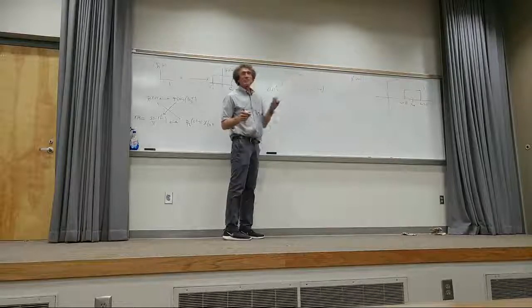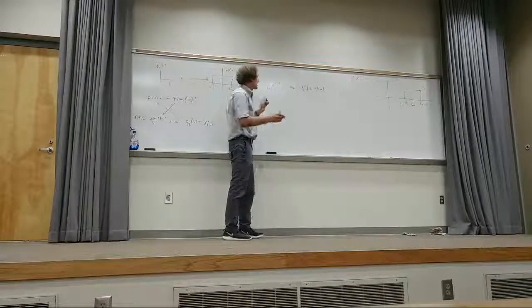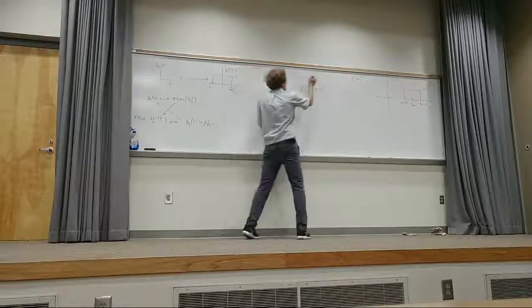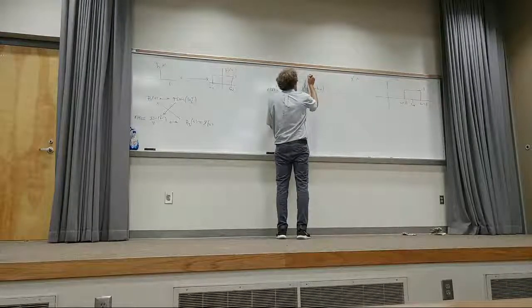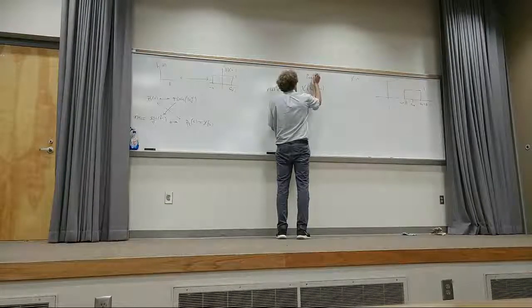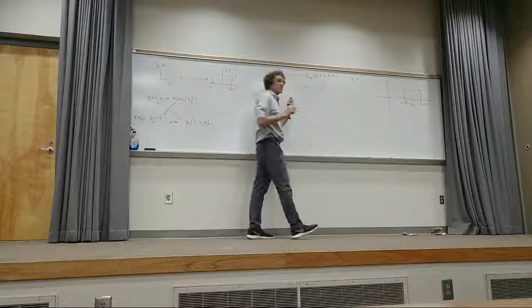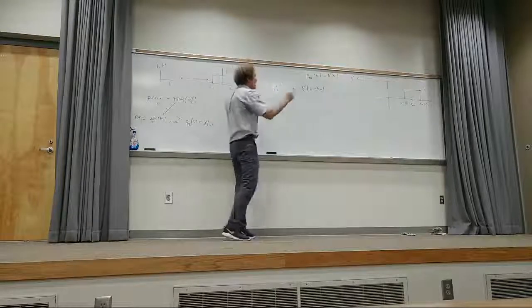Now that's a pulse function. If x of omega is in the frequency domain, it is simply a pulse of width 2b, right, of omega. It's shifted. What causes that?